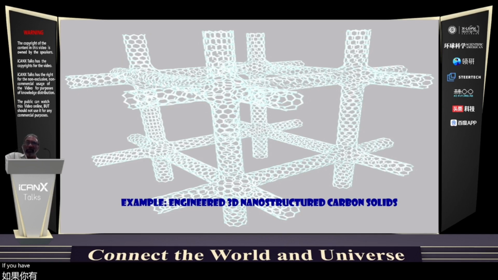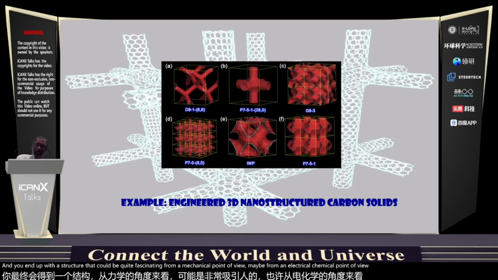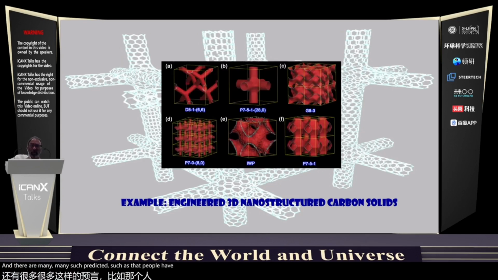of a beautiful periodic structure using nanotubes. You have a large number of nanotubes that are interconnected through covalent bonding, and you end up with a structure that could be quite fascinating from a mechanical point of view, maybe from an electrochemical point of view. And there are many, many such predicted structures that people have shown over the years. Even though it is pure carbon, graphitic carbon, if you design all these different complex geometries, it has been predicted that they could have very, very different electrical, thermal, electronic properties.